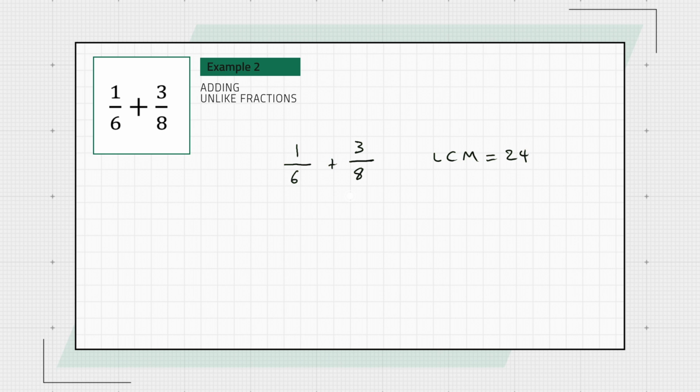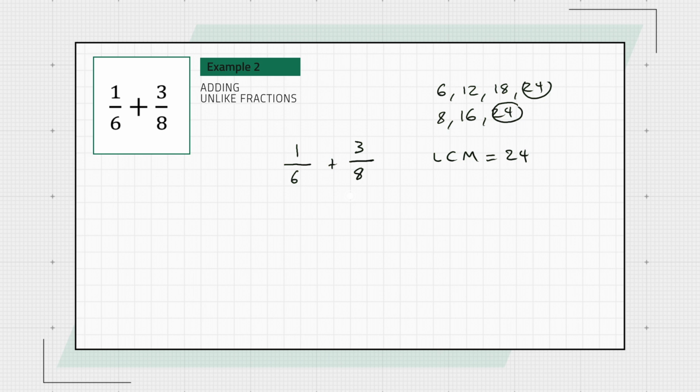Well, we just list multiples of 6 and multiples of 8 until we figure it out. So we have 6, 12, 18, and 24, and 8, 16, and 24, and where these two intersect is our lowest common multiple. You could have done 6 times 8 to find a common multiple and then simplified it down.